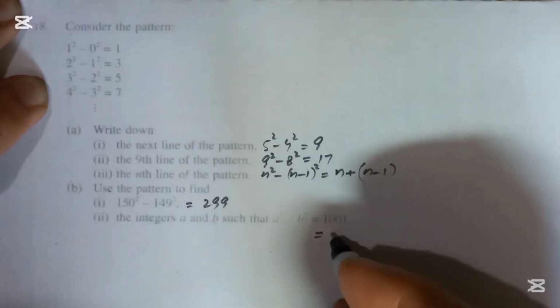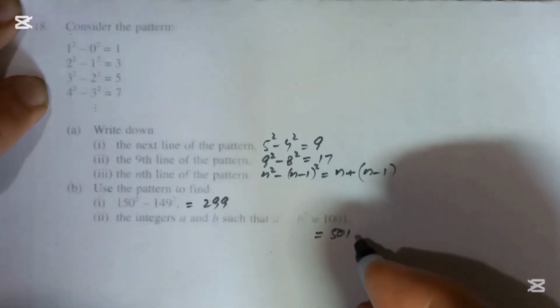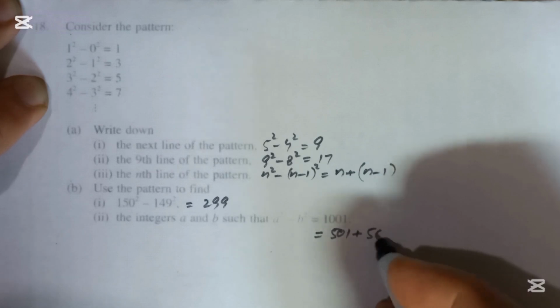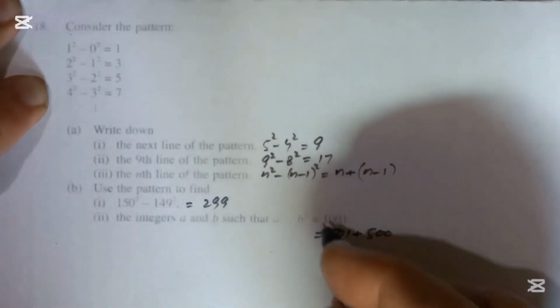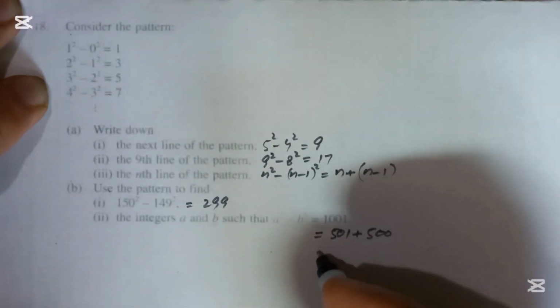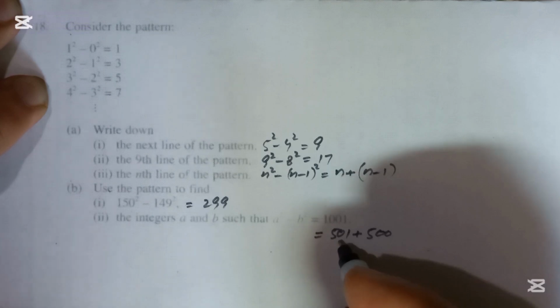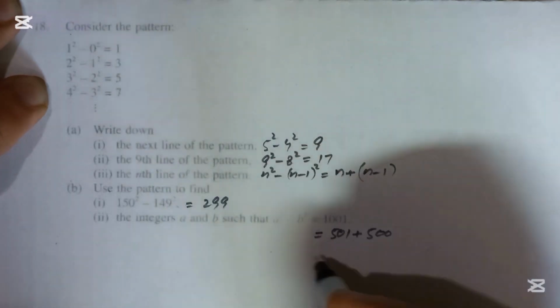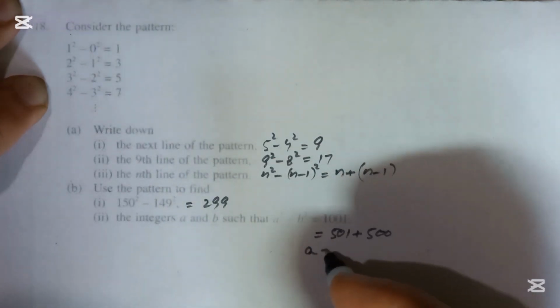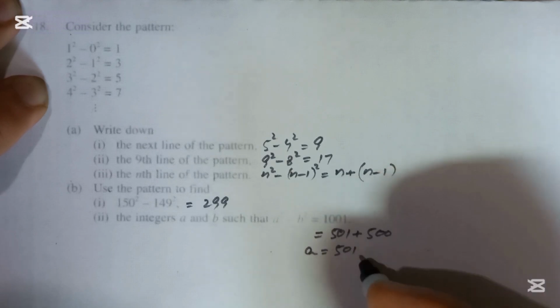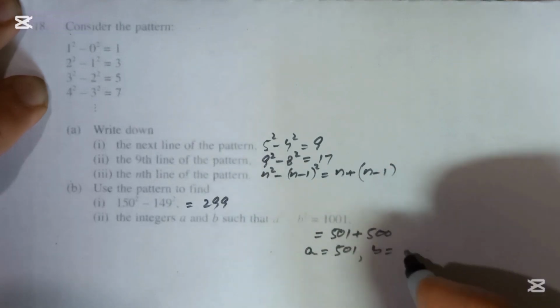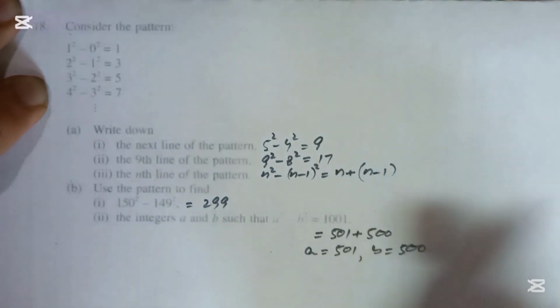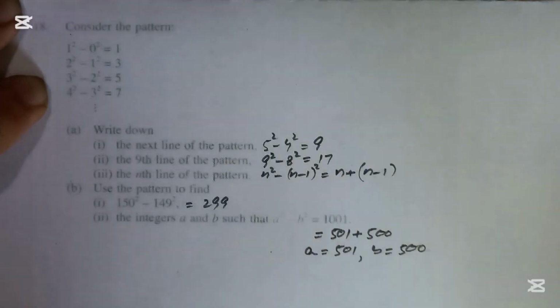So 101 will be equal to 501 plus 500, because we are following the pattern. So definitely from here we can see the first is always a, so a is 501 and b is 500. So these are the answers.